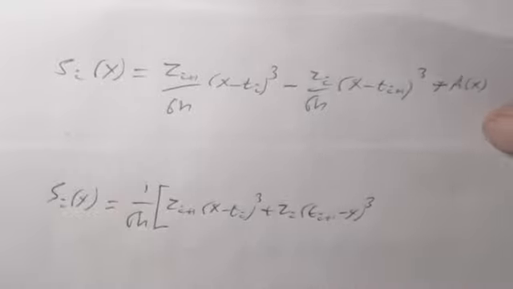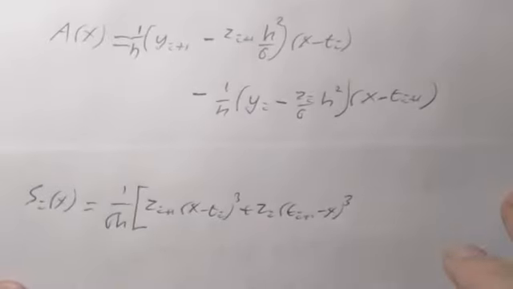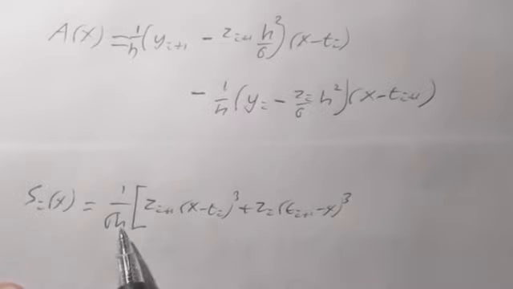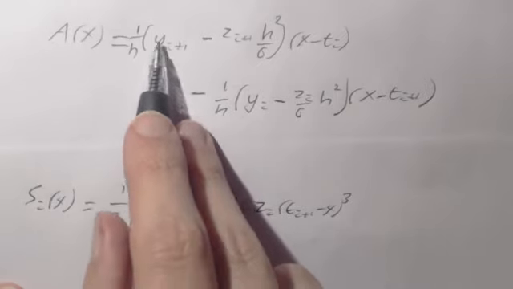What was a x? A x is here. And we remember we took 6h out, so it's 1 over h here, but we need a 6 as well.